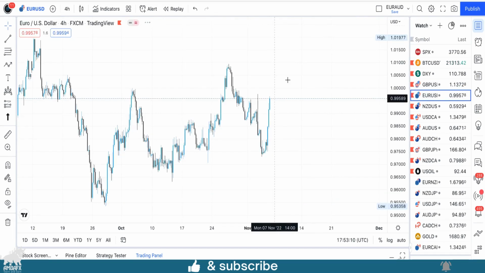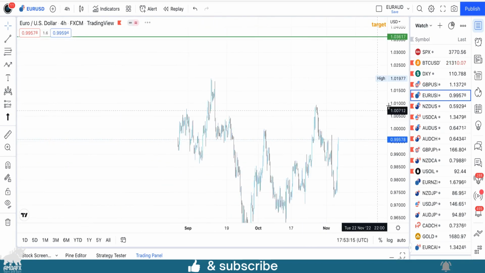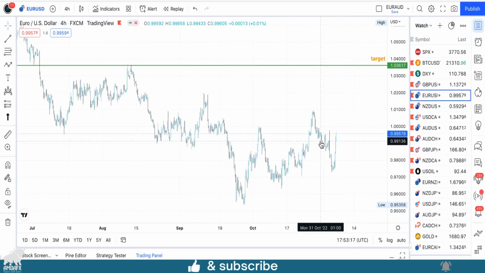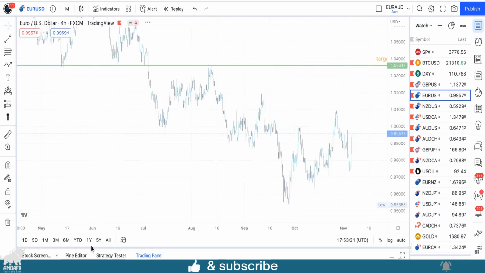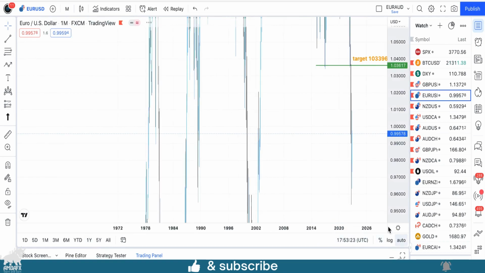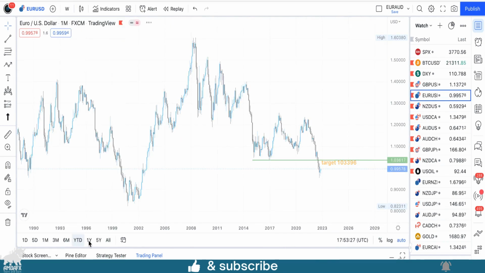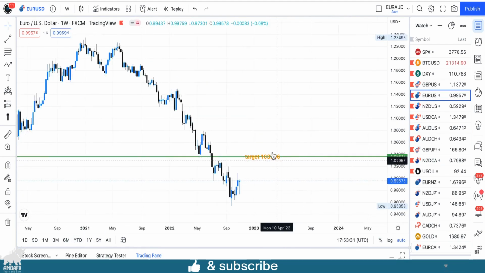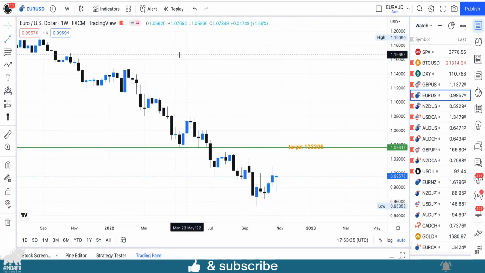On Euro USD, what I can see is dollar weakness, as shown here. So let's go to the monthly time frame, and back to the weekly time frame, using our trend line.